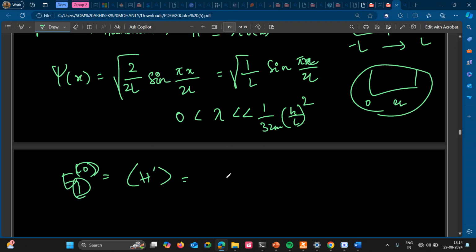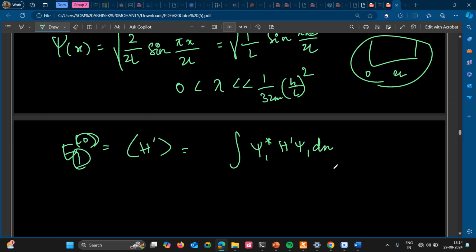The ground state is not 0, but it's written like that. So E1 first order is the integral of psi 1 star H dash psi 1 dx. What should be the limit?